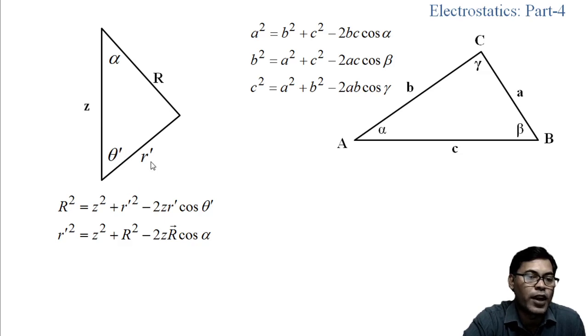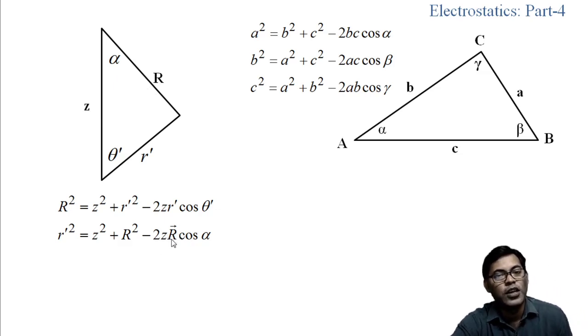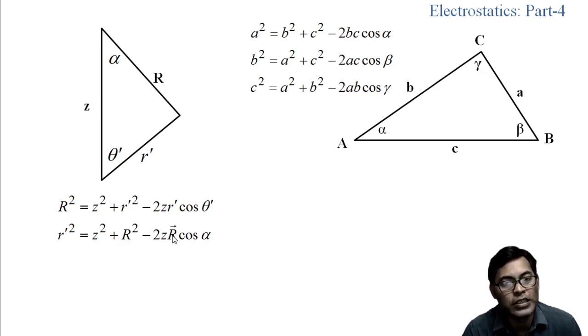Similarly, if we want to find r prime, r prime square equals z square plus capital R square minus twice z R cos alpha. This R is a scalar quantity, it is not a vector. Those who know this cosine rule, that is fine, and those who do not know, from this discussion you can understand how to use the cosine rule.